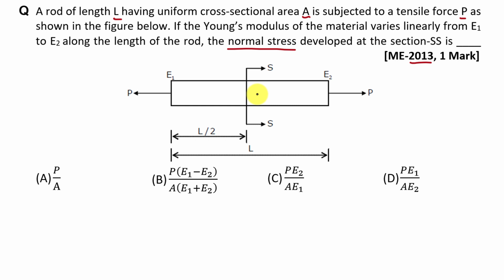In the figure you can see that we have this rod of length L, and we have to find value of normal stress at section SS, which is the mid section of this rod. And here Young modulus of this rod is varying from E1 to E2 along the length of this rod, and it is varying linearly. Here we apply tensile force P along the length of this rod. We have to find out normal stress sigma.